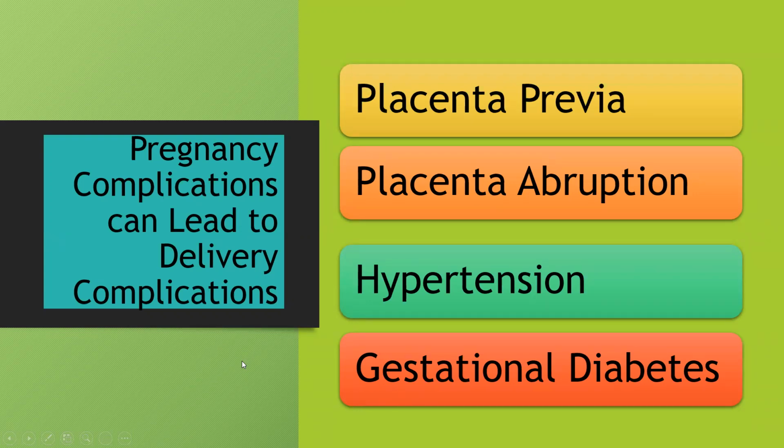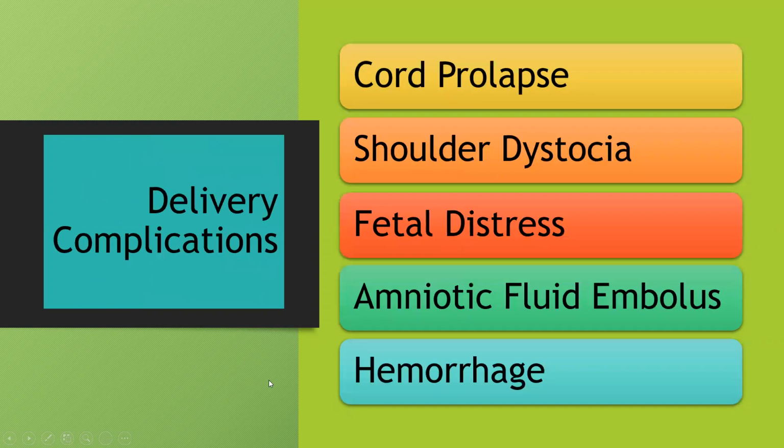And then we have previously mentioned gestational diabetes and how it affects the newborn, but now we're going to talk a little bit about some of the issues it can cause, conditions it can cause in actual delivery. So the complications that we're going to focus on today: cord prolapse, shoulder dystocia, fetal distress, amniotic fluid embolus, and hemorrhage.